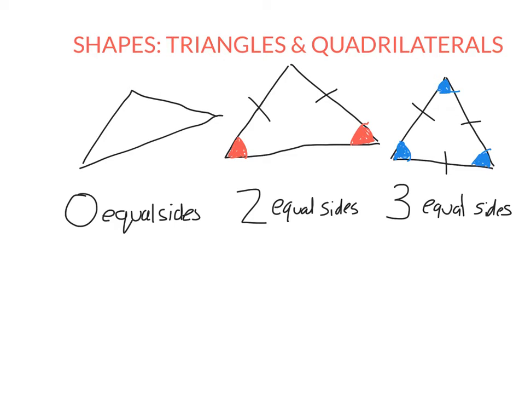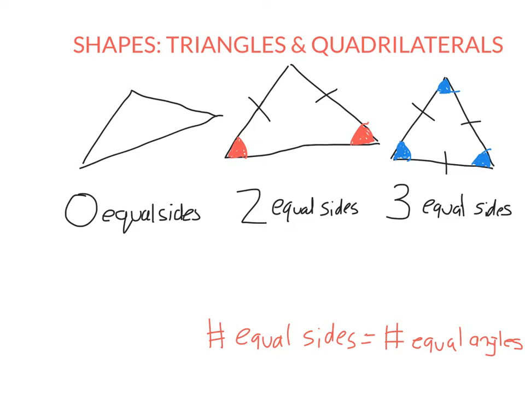It's important to note that for any triangle, its number of equal sides is the same as its number of equal angles. So if a triangle has, say, 2 equal sides, it will also have 2 equal angles. If I tell you that a triangle has no equal angles, it will have no equal sides. So these are the three possibilities that we have.